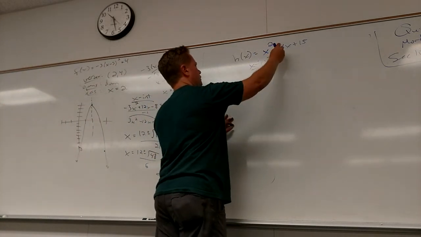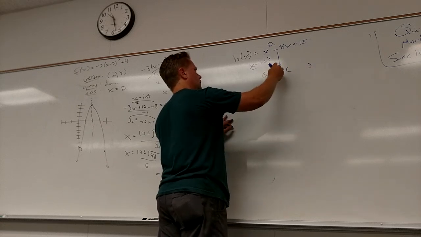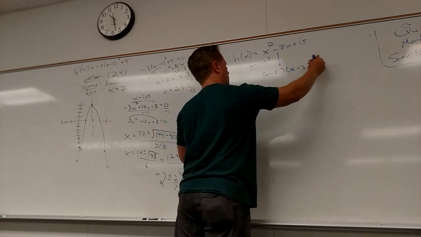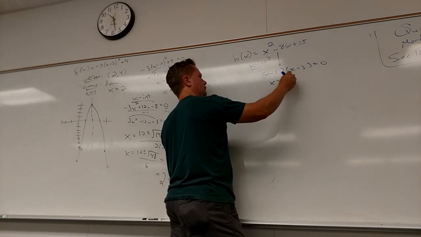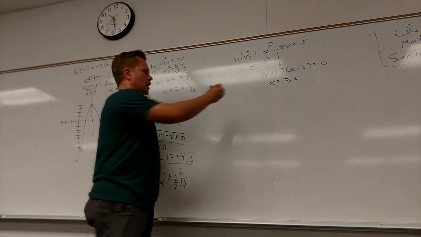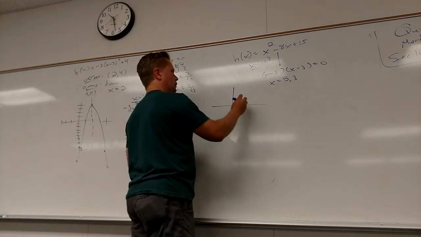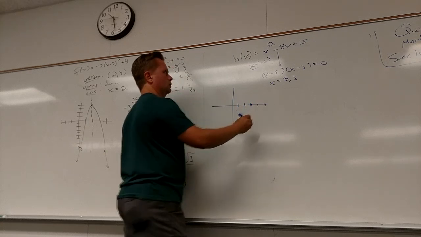How do you factor this? So what are the X-intercepts? I like it. Now, that means this parabola hits right here and right here.